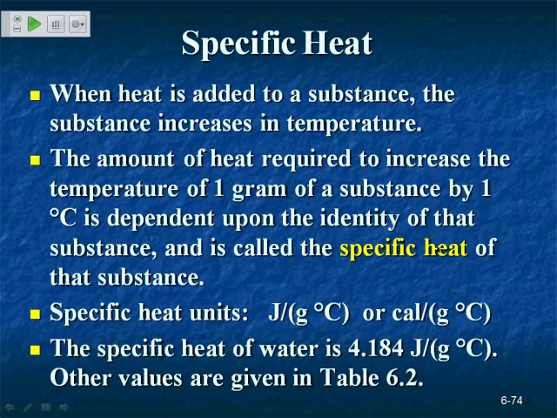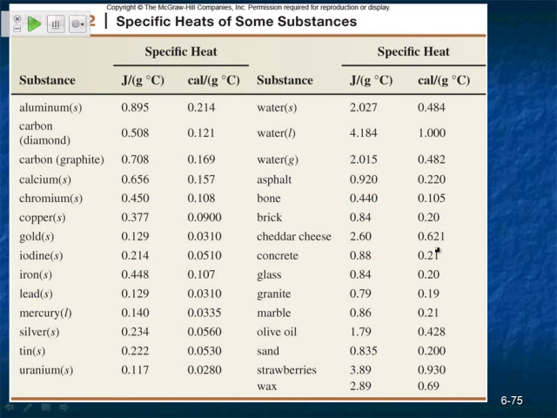Joules is the amount of energy per 1 gram of a substance, temperature to be raised by 1 degree Celsius. So specific heat of water is actually 4.184 joules per gram degree Celsius.